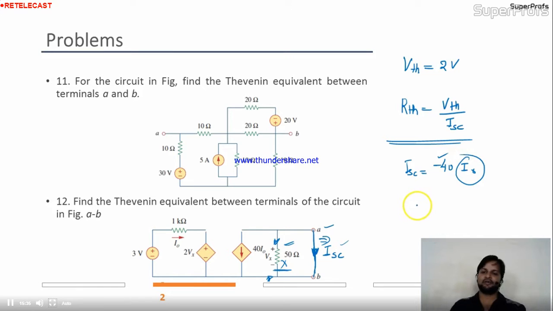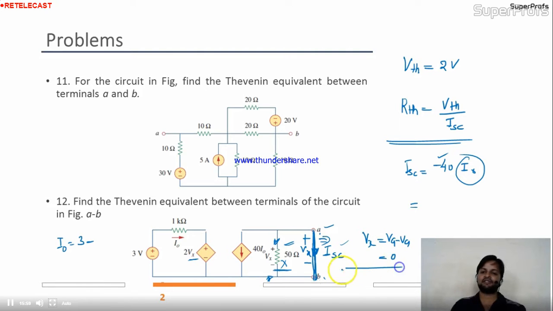What is the I naught over here? I naught is nothing but, again you can calculate, 3 minus Vx. What is the value of Vx? Vx becomes 0. Once you short this A and B, your Vx is nothing but the voltage across here. Is there any difference now between these 2 points? No. So what is the Vx? This minus this, both are the same, Va minus Va.